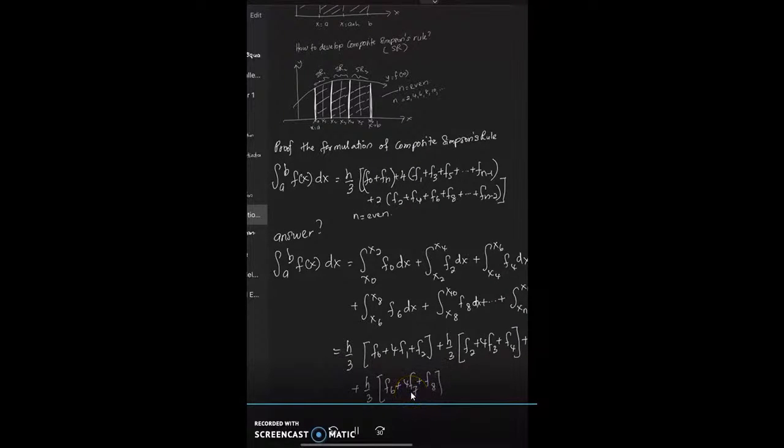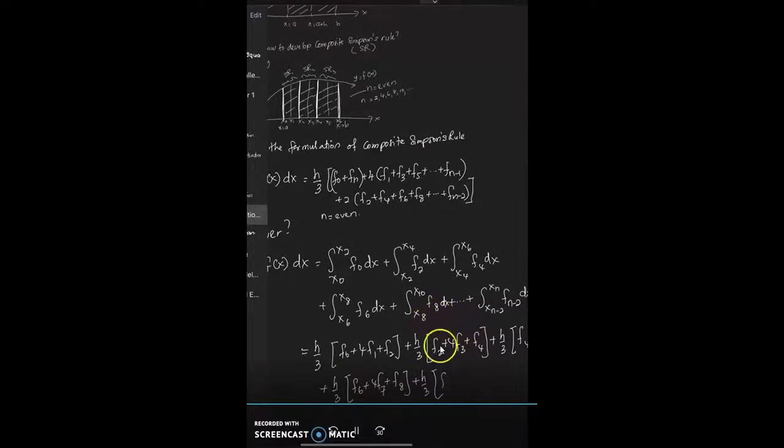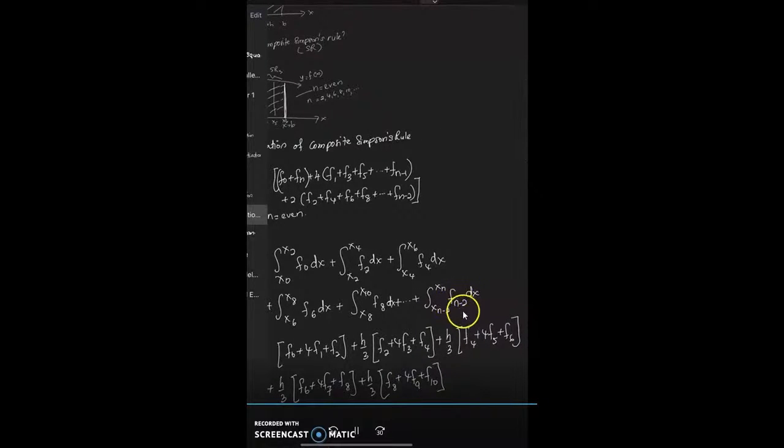And then next is f6 plus 4 f7 plus f8, plus f8 plus 4 f9 plus f10, and then you can continue up to fn minus 2. Now look at the pattern.